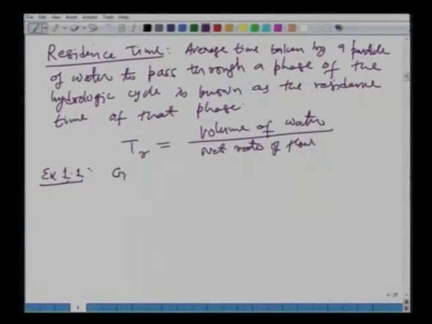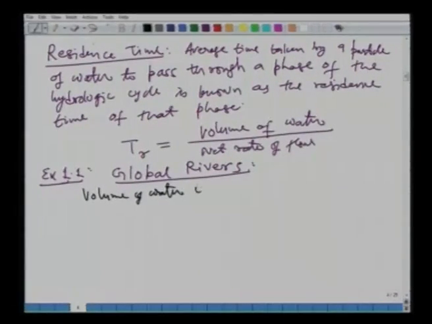And we will look at the example of the global rivers. Okay, if we look at the residence time of global rivers, we can find the volume of water in global rivers approximately as 0.00212 million kilometer cube.